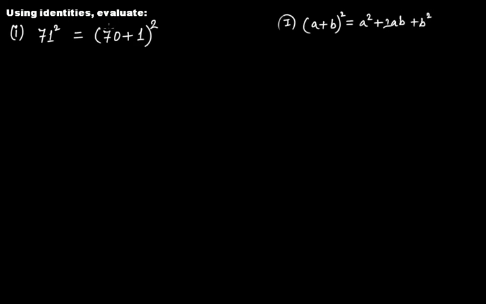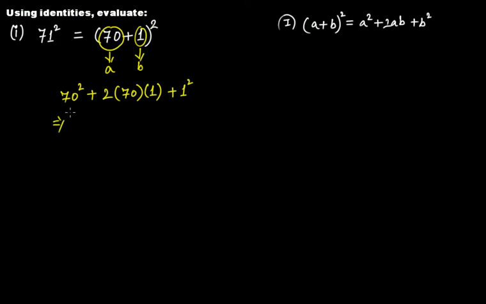Here, take this as a, this as b, then a squared is 70 squared plus 2ab is 2 multiplied by 70 multiplied by 1 plus b squared means 1 squared.